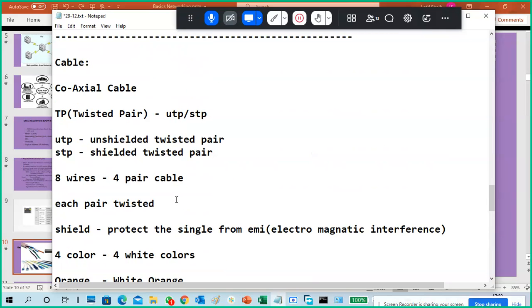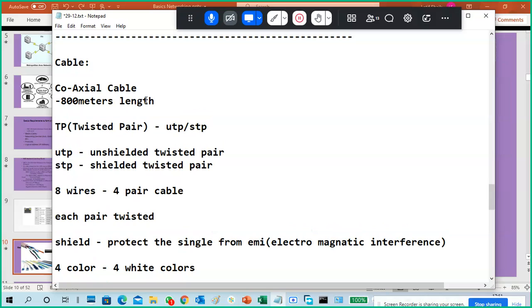Guys, once again, there are different types of cables we use for network purposes. One is the coaxial cable. Coaxial cable generally gives 800 meters length, which means one single cable from one end to the other end can generally be used for 800 meters.